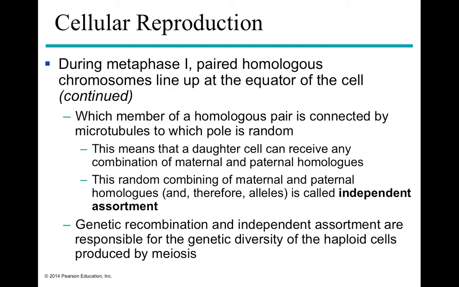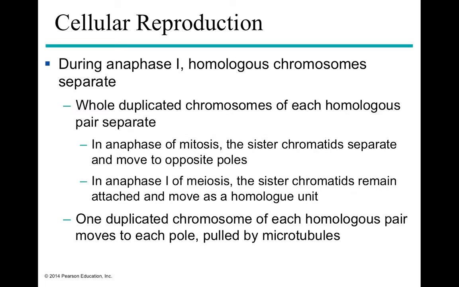And that's independently assorting. And so we can basically get either one or the other copy of chromosome 1, one or the other copy of chromosome 2. And if you do this together, it's basically 2 to the nth. And that's going to end up with about 8 million different combinations that can occur just from one set of parents.